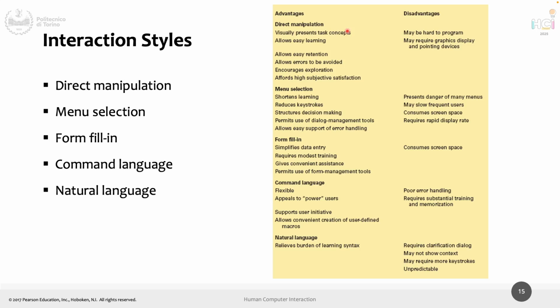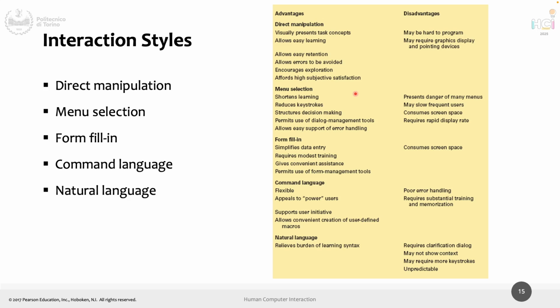So the 5 interaction styles are these: direct manipulation, menu selection, form fill-in, command language, and natural language. And this yellow part describes advantages and disadvantages of each. What is direct manipulation?